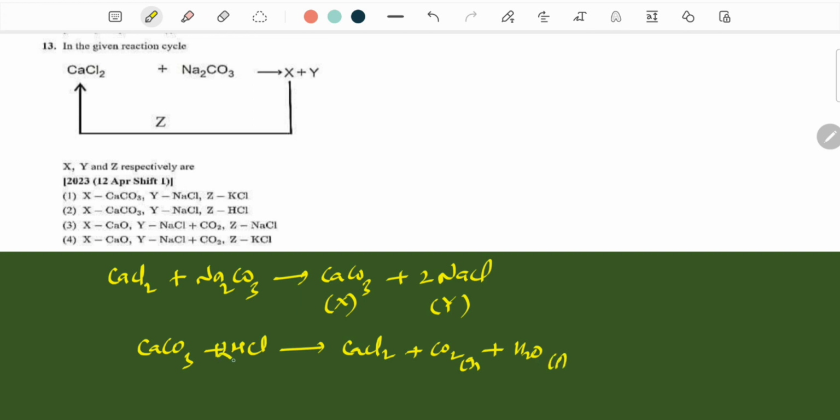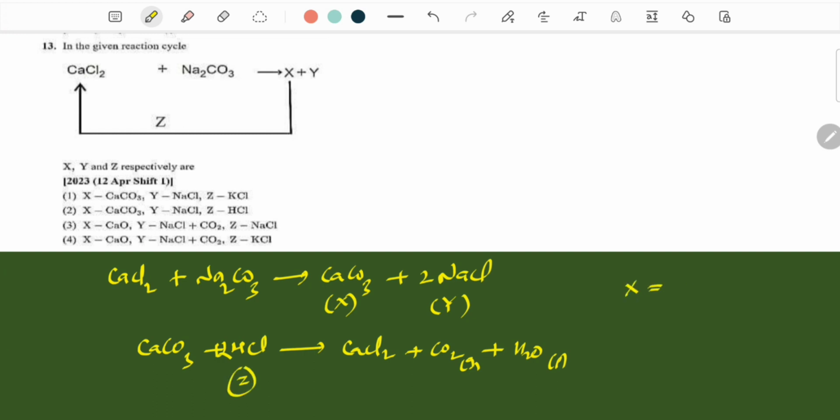To balance the equation: CaCO3 plus 2HCl gives CaCl2, CO2 and H2O. Here X is CaCO3, Y is sodium chloride, and Z is hydrochloric acid.